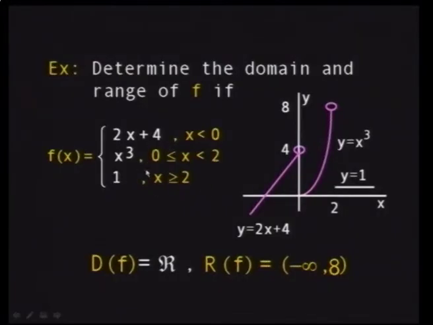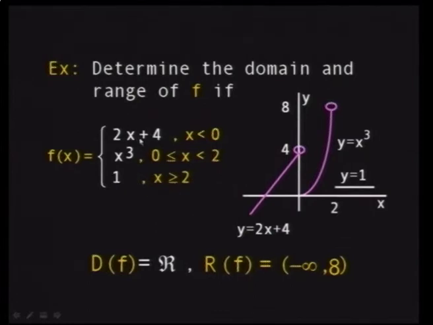Here, all the values of x are covered. There is no such x that you feed in and you don't find a certain rule to work upon. For example, if you take x equal to minus 1, then you are working with this rule here. Whereas for x greater than 3, it's equal to 1 from here.